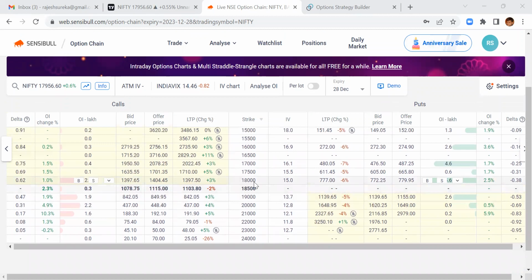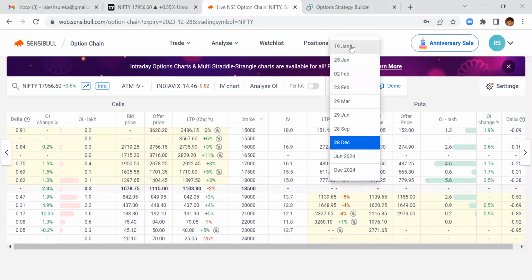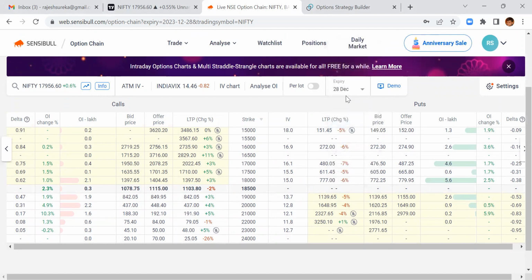So if you see 18,000, we can take 18,000 as the current Nifty price, and I'm talking about December 2023 Nifty. Nifty you can trade every week or every month, but here we are talking about December 2023 Nifty. These options premiums are for December 2023.